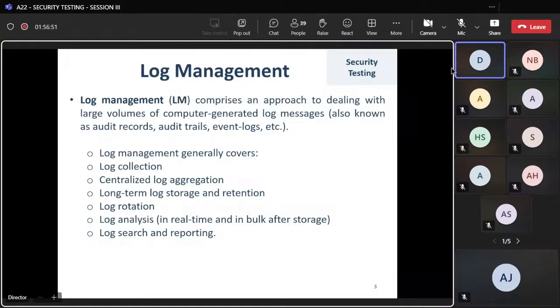Also, there are many tools available which help you search for a specific log, and you can generate a lot of reports based on the requirements. So by and large, when you say log management, these are the various activities that happen with the logs.